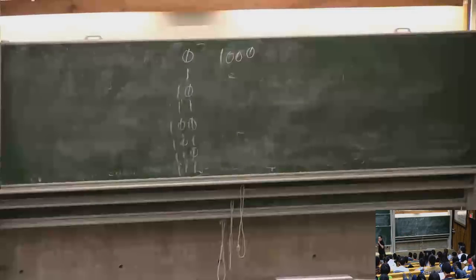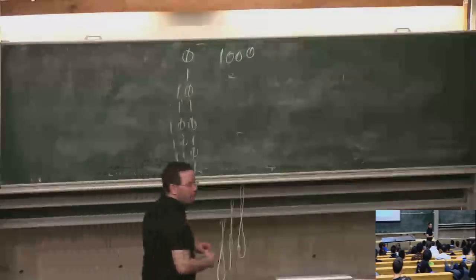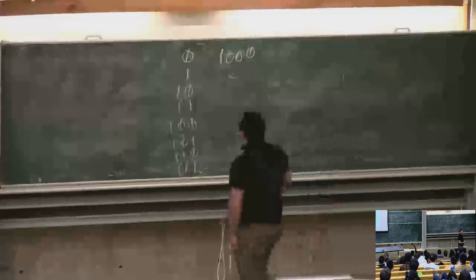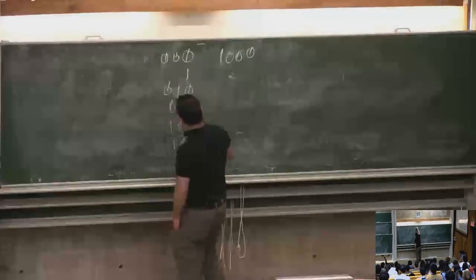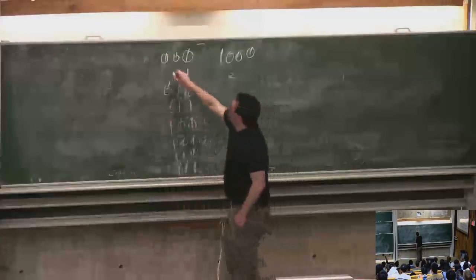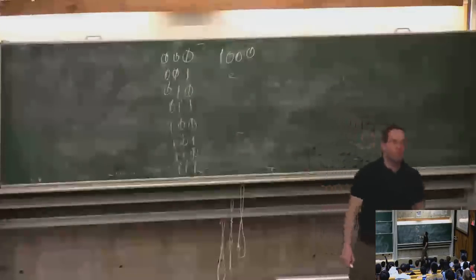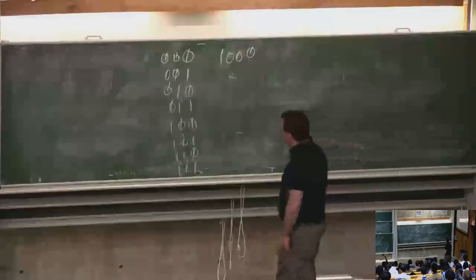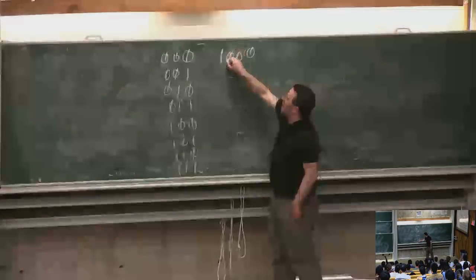But in a processor, I have a certain width, 16 bits, 32 bits, 64 bits. So let's say that I have a 3-bit processor here. I actually have in memory 0, 0, 0, then 0, 0, 1, then 0, 1, 0, then 0, 1, 1, then 1, 0, 0, then 1, 0, 1, then 1, 1, 0, then 1, 1, 1.